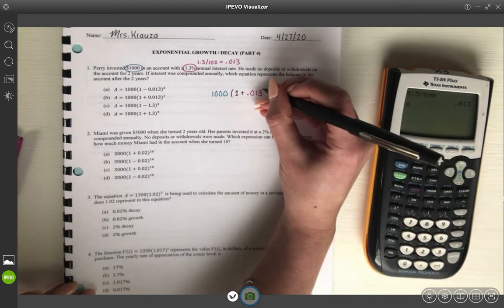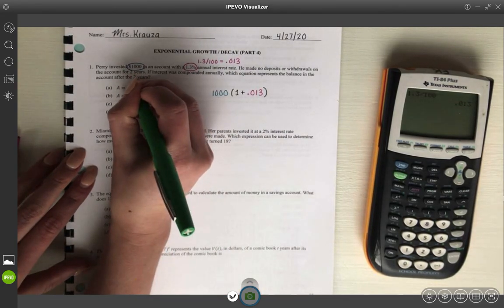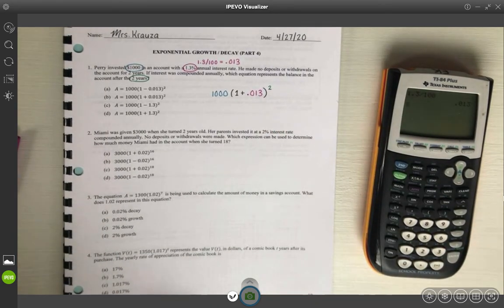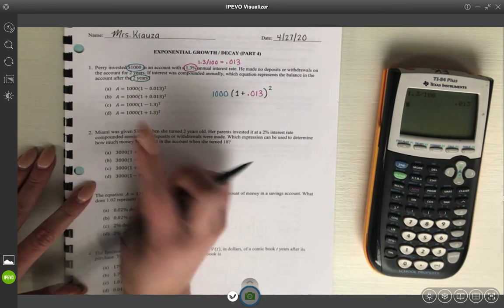And then we close our parentheses and we put the amount of time in the corner. The amount of time is 2 years. So looking at choice A, B, C, or D, you can see that the correct answer is choice B.